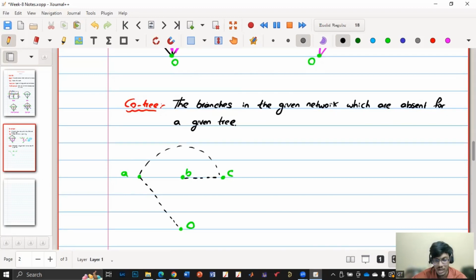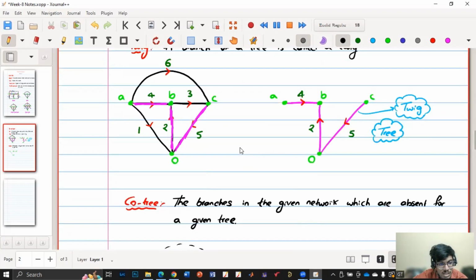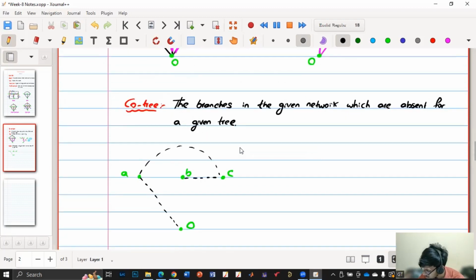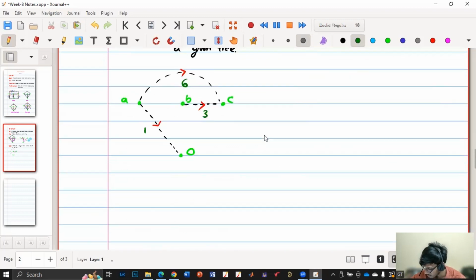So now this is called a cotree. Now we will mention the current direction. 6 is like this, 3 is like this, 1 is like this. Now this is called a cotree.